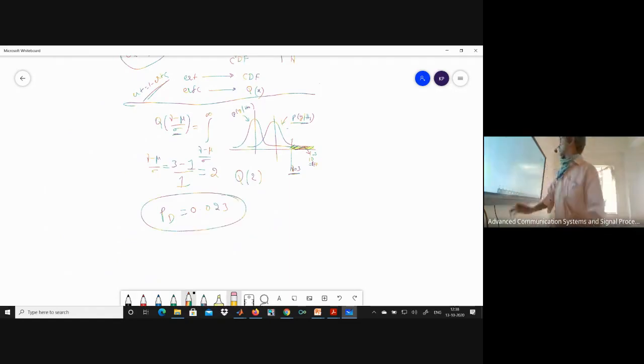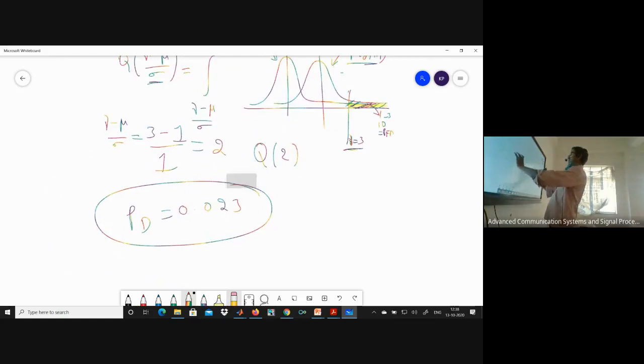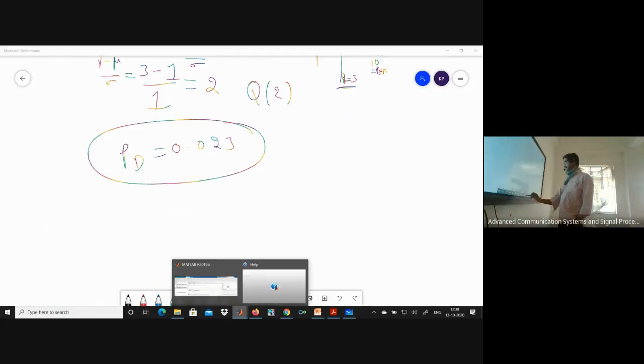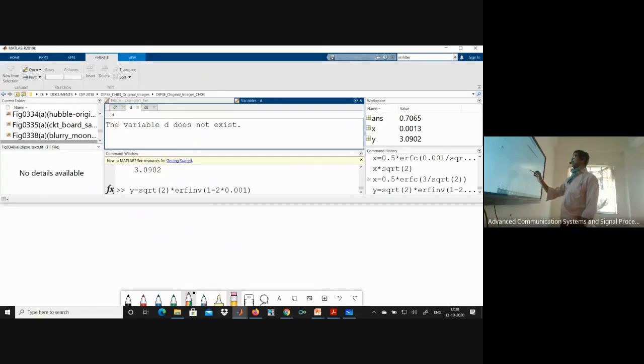Let us check whether our analysis is right or wrong. 0.023. So Q of x, if I would like to calculate, I should follow this.